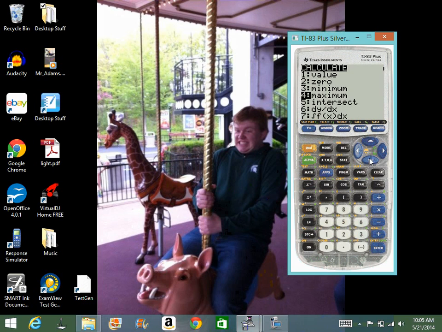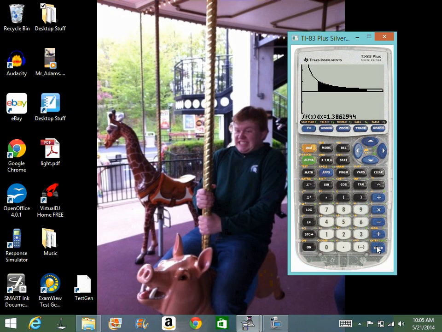Go down to the integral symbol there, and that's the integral of f of x dx. When I choose that, the next step is to enter in the lower limit. In this case, it's x equals 1, and then we're asked to find the upper limit, which is x equals 4. And then when I calculate that, it goes through and uses that rectangular approximation method with a very small increment.